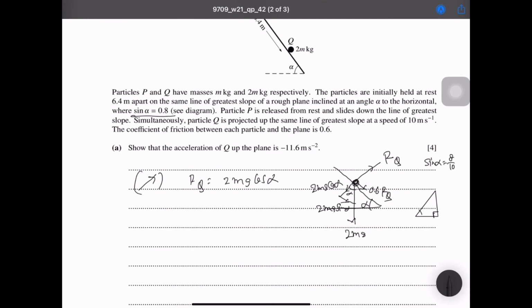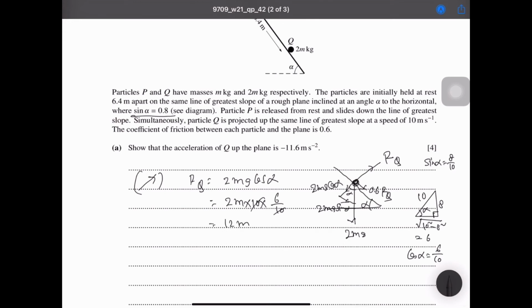This is alpha, this side is 8, the opposite, and according to Pythagoras this will be 6. So cos alpha will be 6 by 10, adjacent by hypotenuse. Substituting 2m into 10 into 6 by 10, it will be 12m.